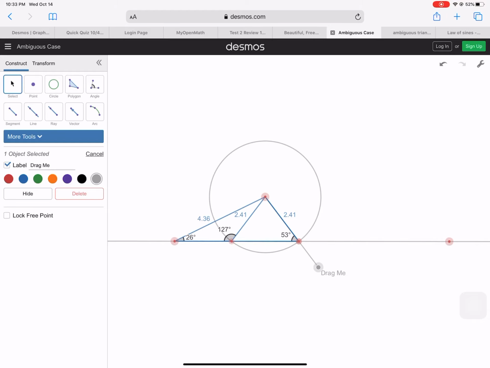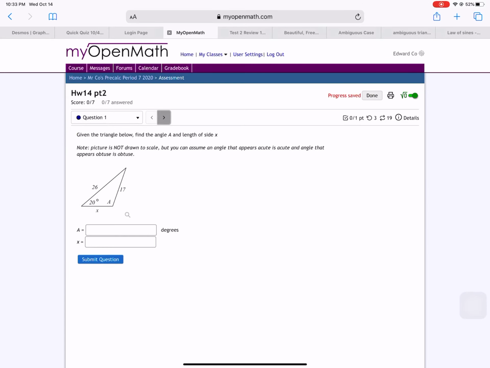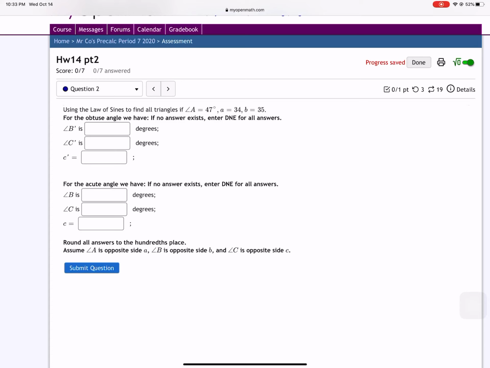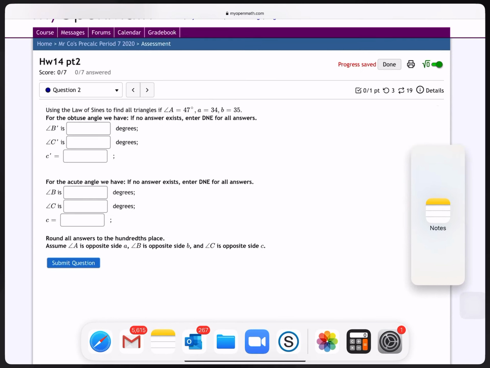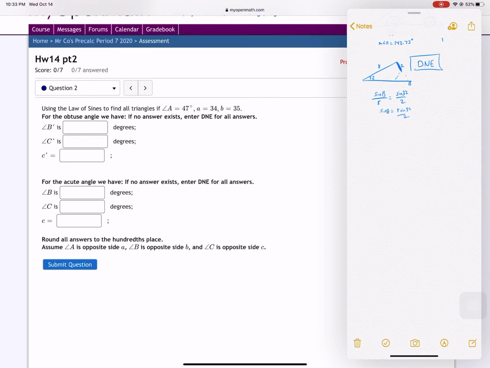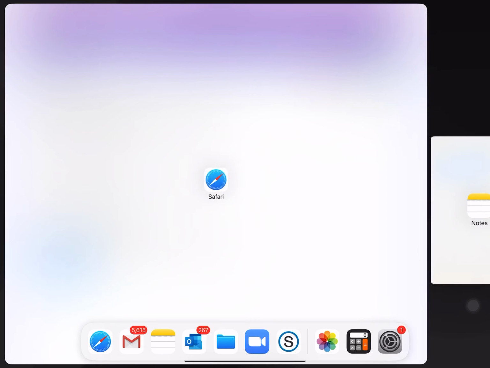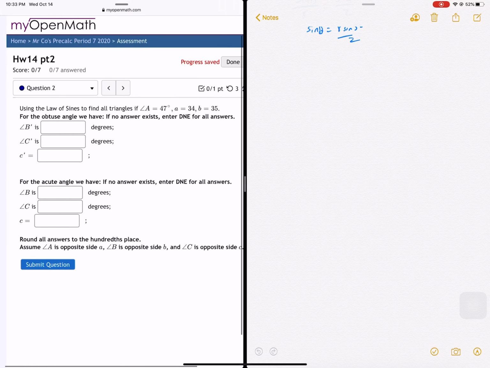So let's go back to my open math example. Let's look at this example here. Let's go ahead and draw it out. Let's do this problem again.